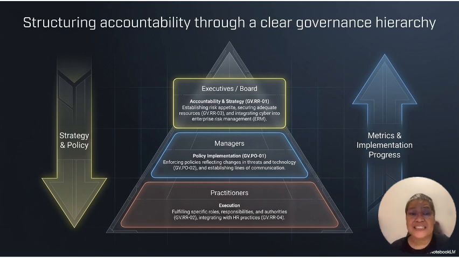So once context is set, right? Now that we know the organization, what it does, we must structure accountability. And remember, in our previous class, we talked about accountability means that it's clear governance, right? The strategy comes from our leaders, our executive board, right?